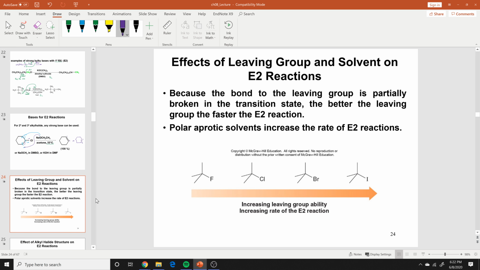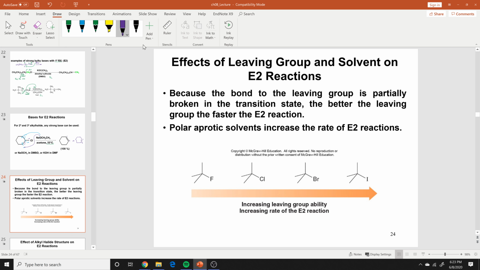The effect of the leaving group, as we said, is that the weaker the base, the better the leaving group. And because the bond to the leaving group is partially broken in the transition state, the better the leaving group, the faster the E2 reaction.